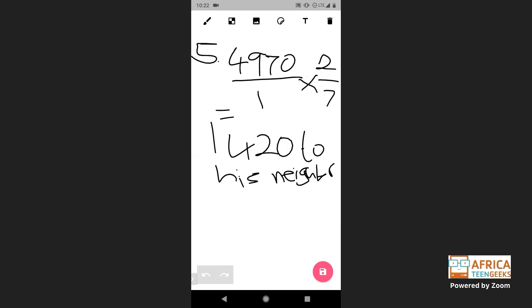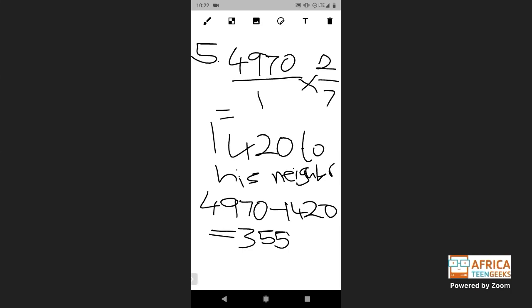So now let's find out the remaining sheep before selling to his brother. So how much did he have? He has 4,970 subtract 1,420, and our answer will be 3,550 left.